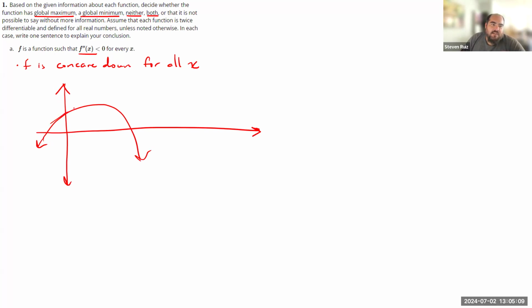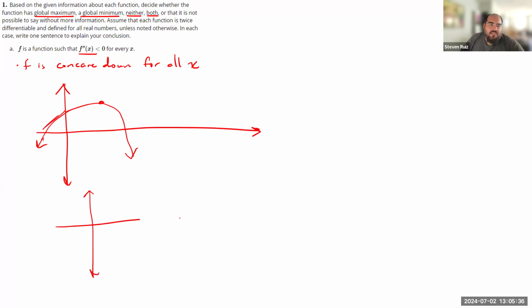And if that's the case, why am I saying this function has a positive first derivative? Because there are points here where we have an increase. Oh, that was erasing more than I wanted. But there are points here where my tangent lines would be positive. So if you have that case, then you have to have a global maximum. But is it true that you're always going to have that?